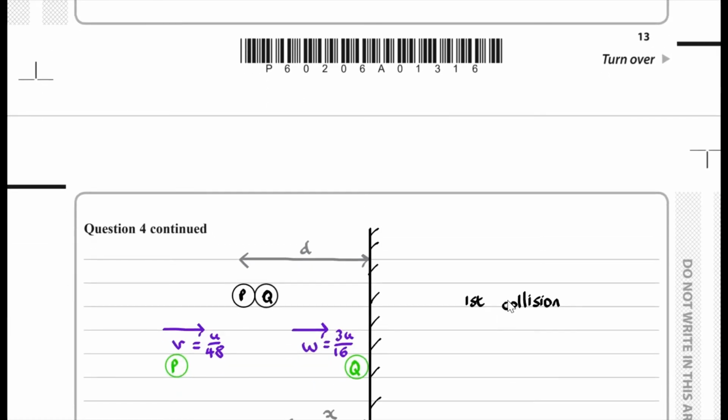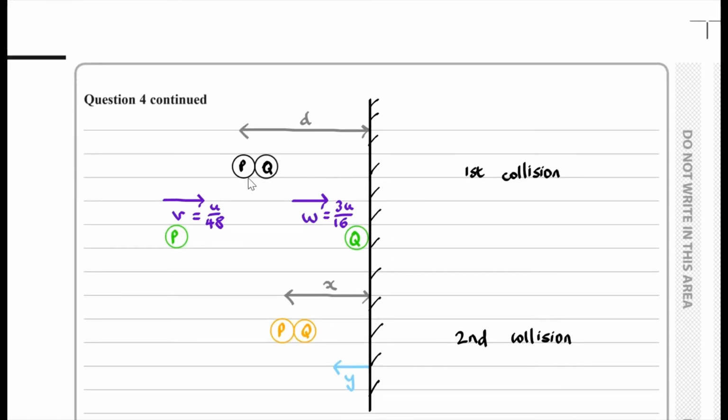So when they first collide, they are at a distance of d from the wall, and then obviously once they collide, Q goes to the wall, and then this thing over here, technically speaking, I've drawn this incorrectly.